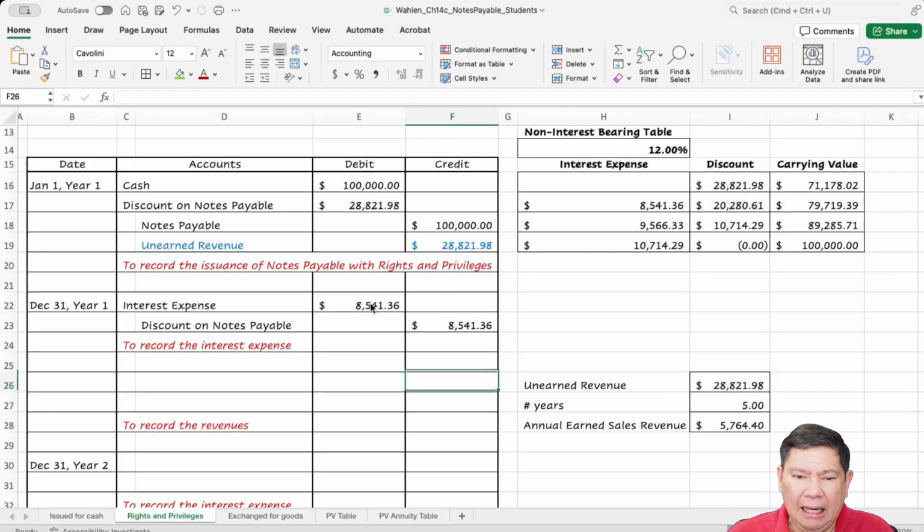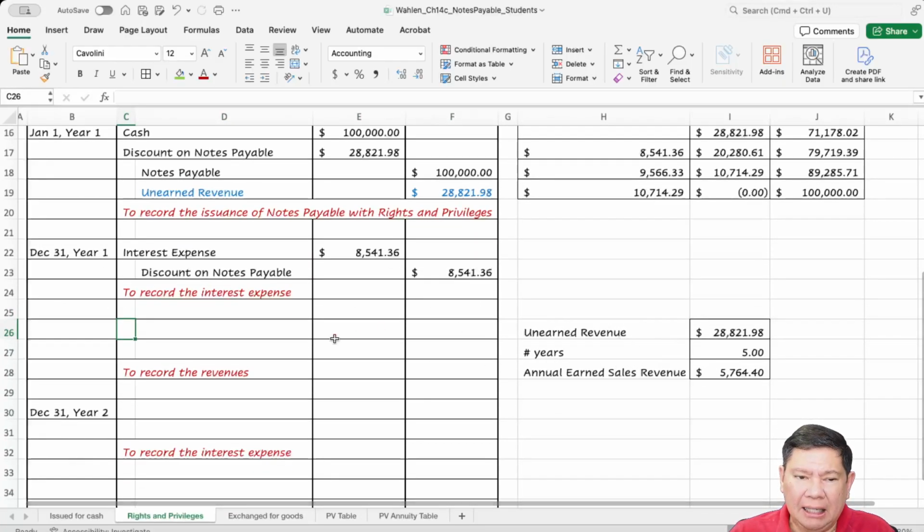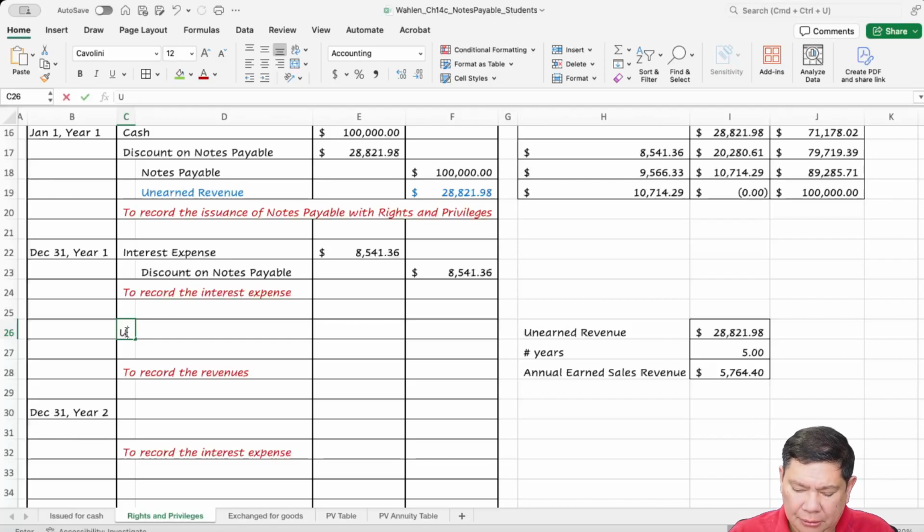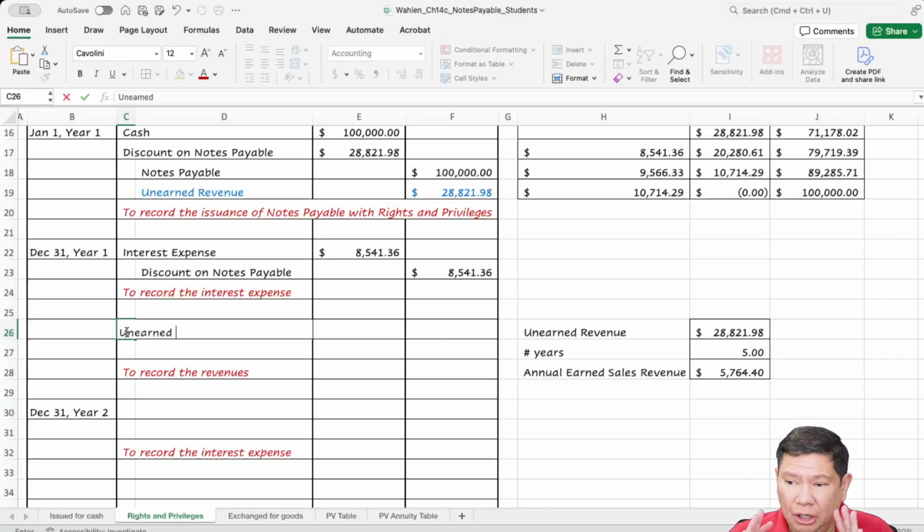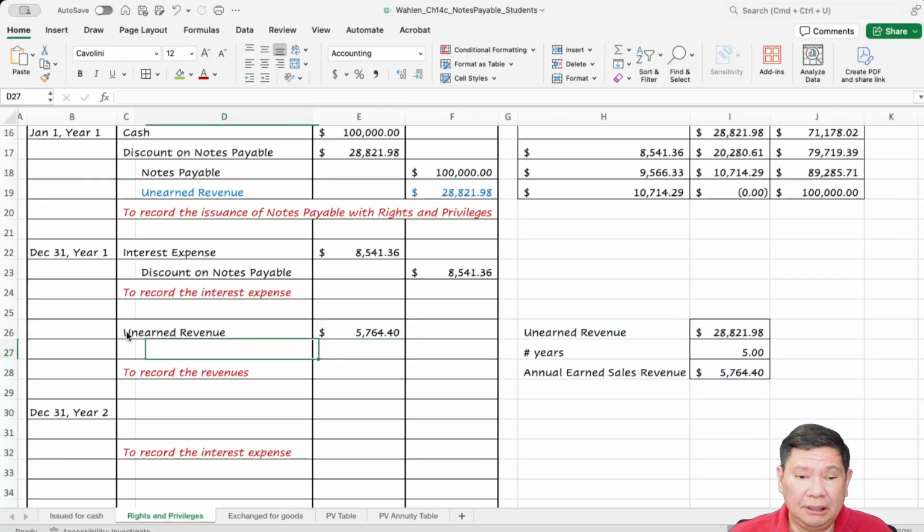Okay, and then we have to recognize 1/5 of the unearned revenue. We have to recognize sales revenue, so we reduce unearned revenue by this amortization, 5,764.4, using straight line. And then we recognize sales revenue.